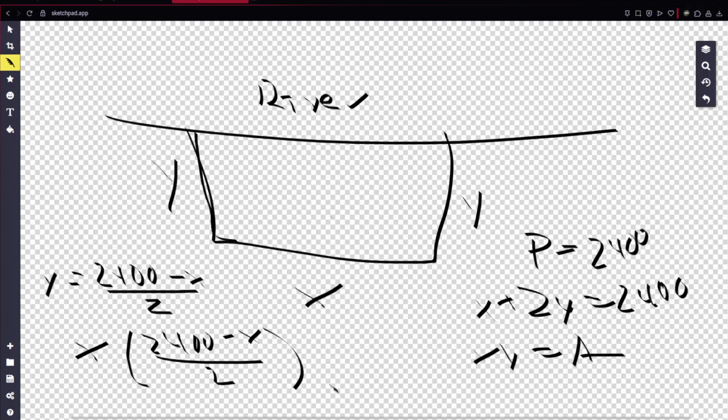And then you differentiate both sides. So A prime is just going to be equal to 2400 minus 4x, which is essentially when x is equal to, hold on, 100 is x, 200.